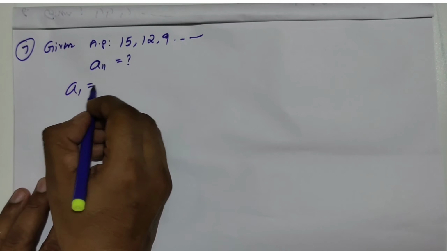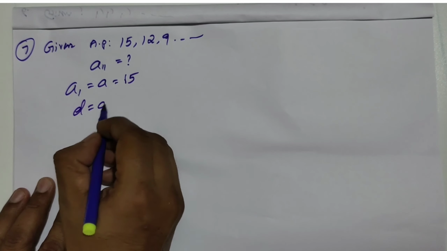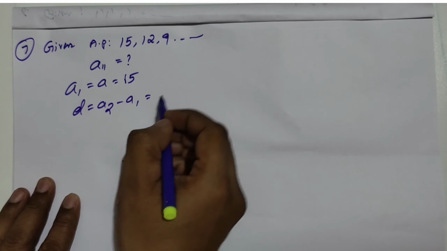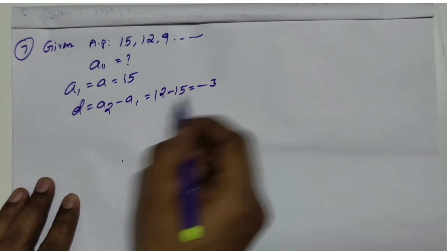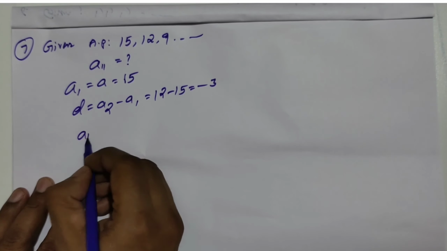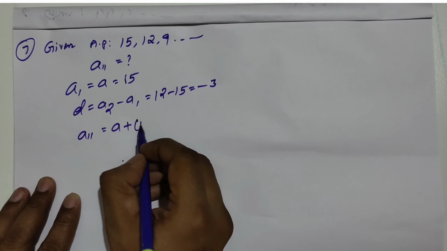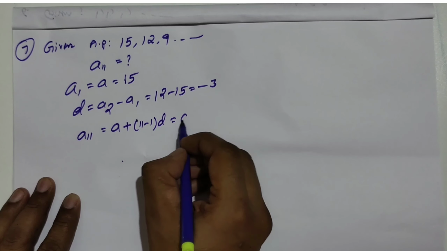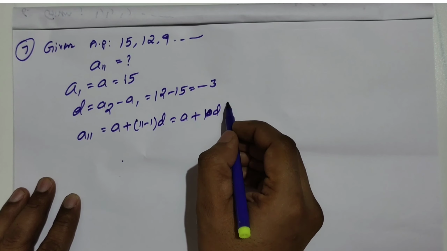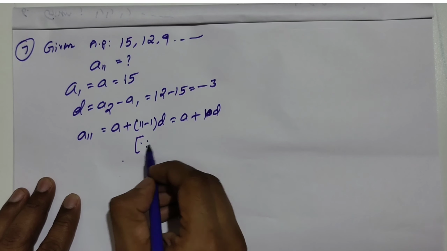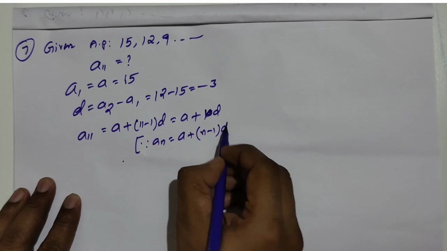So here a1 is equal to a is equal to 15, and then d is equal to a2 minus a1, that is 12 minus 15, minus 3. So a11 formula, a plus 11 minus 1 into d, that is a plus 10d. Here the used formula is, since an is equal to a plus n minus 1 into d.